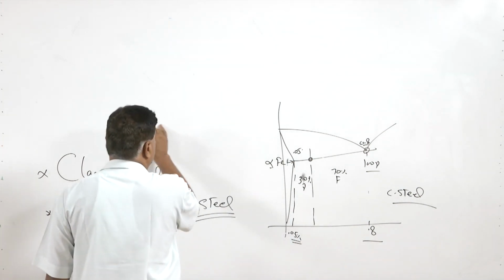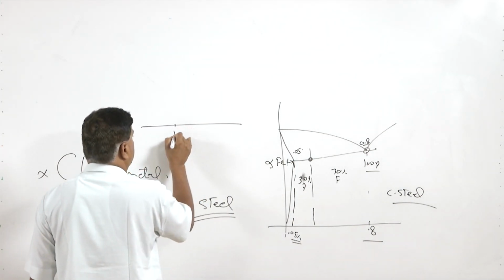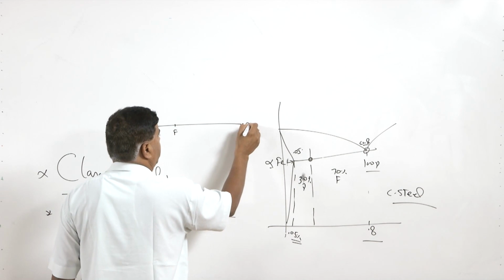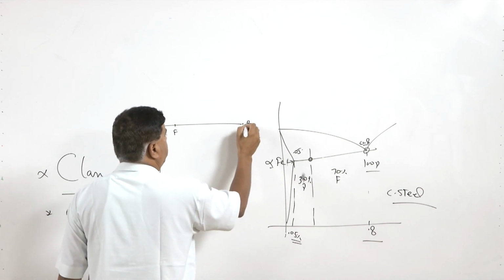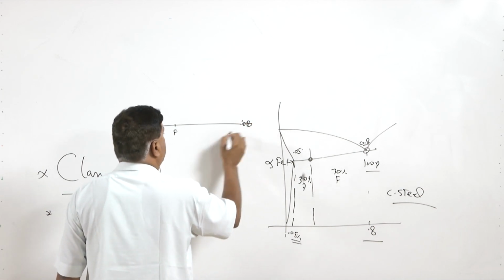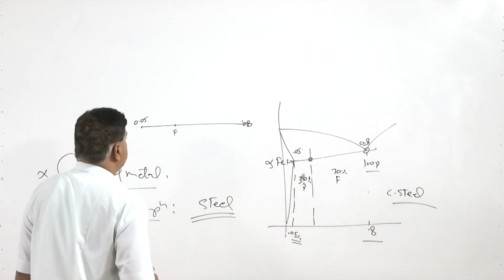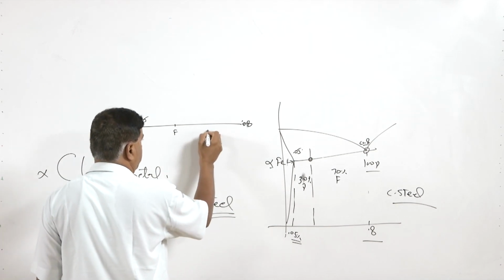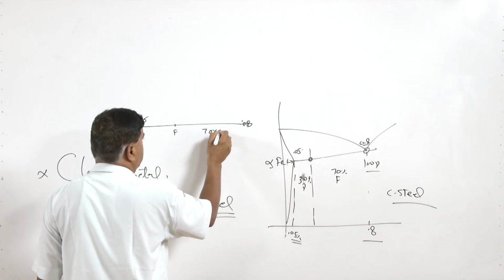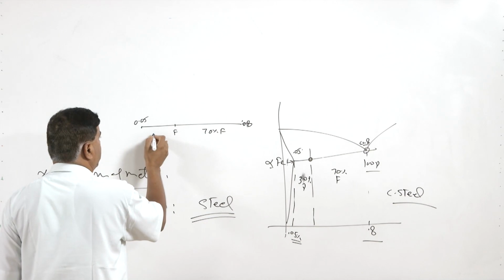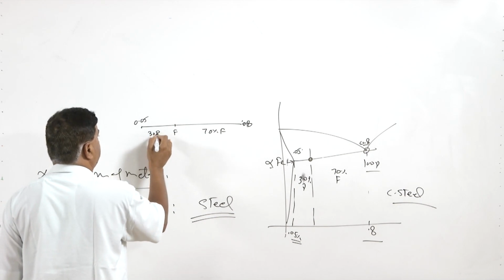So, in the lever what we have, the fulcrum F, 0.8% and 0.05%, and this corresponds to the 70% of the ferrite in this particular example and 30% of the pearlite.